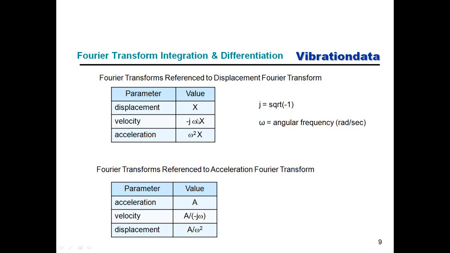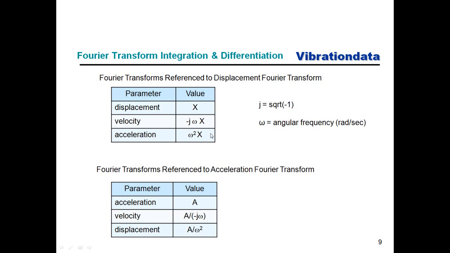Now, just as a review, j is equal to the square root of -1, and omega is the angular frequency, typically radians per second. Then the acceleration would be omega squared times that displacement Fourier transform.